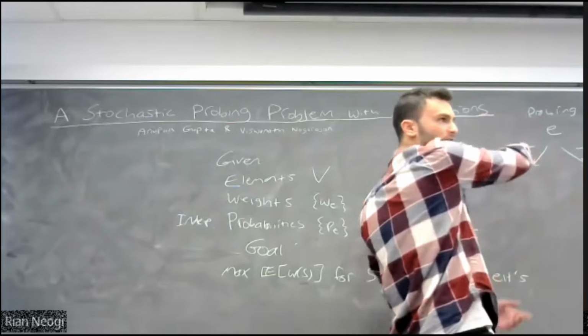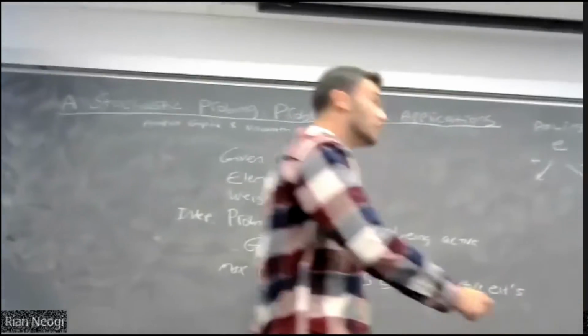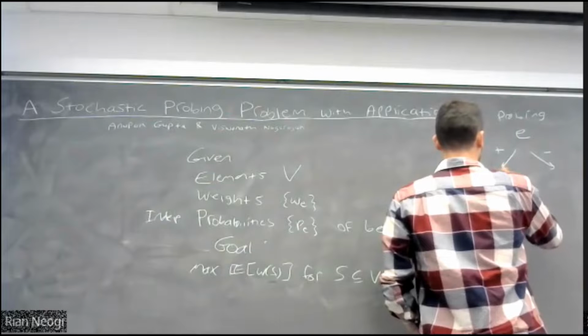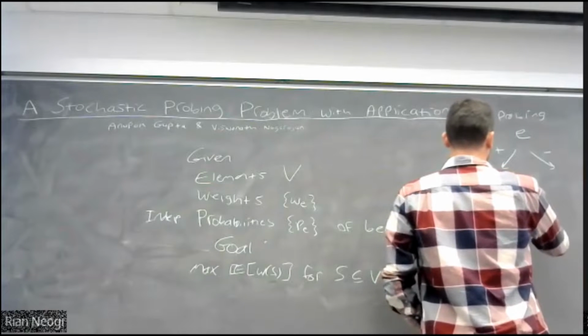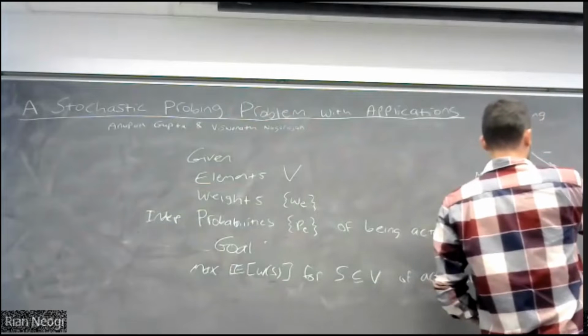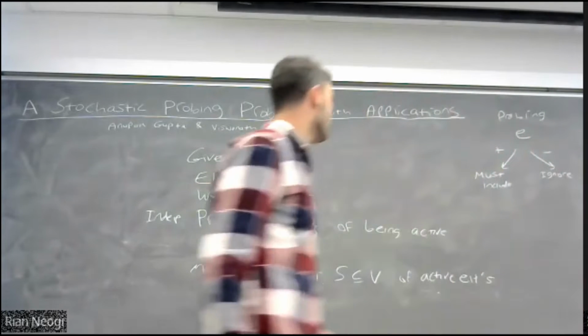Draw the note plus if it's active, minus if it's inactive. And if it's active, well, then we must include it in our set. And if it's inactive, well, we can't include it. So we would just ignore it and move on to the next element.